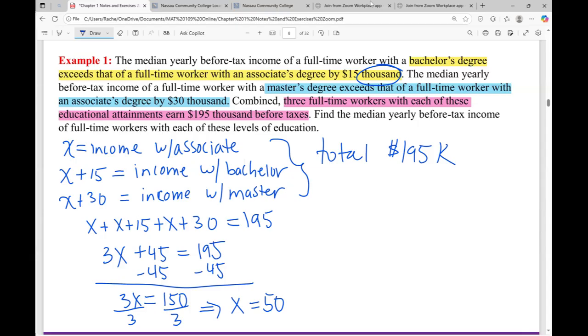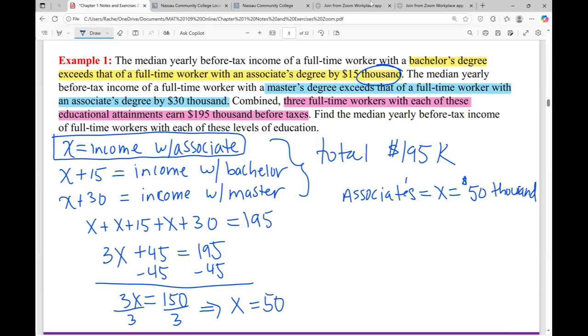Now remember, X stands for the income of a person with an associate's degree. So a person with an associate's degree is equal to X, which is equal to 50, and it's in thousands, right?